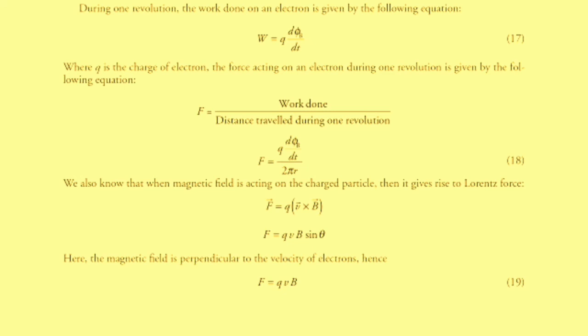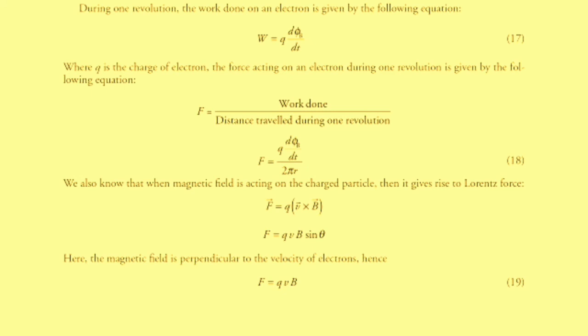This 2 pi r is the distance traveled during one revolution by the electron, and since electrons are following a circular orbit, the distance is taken as the circumference of the circular orbit.